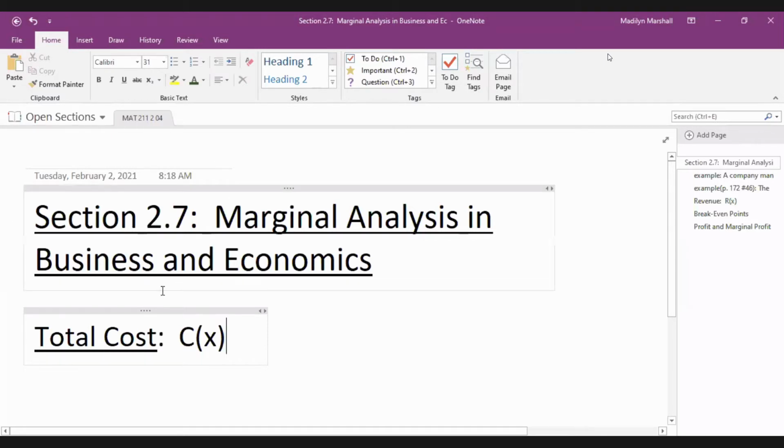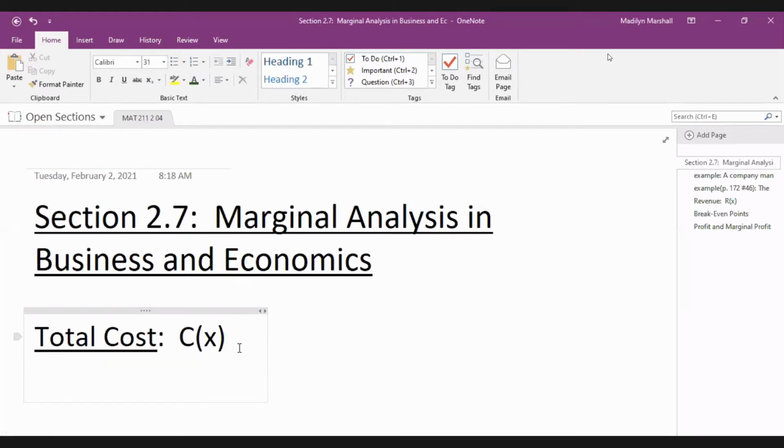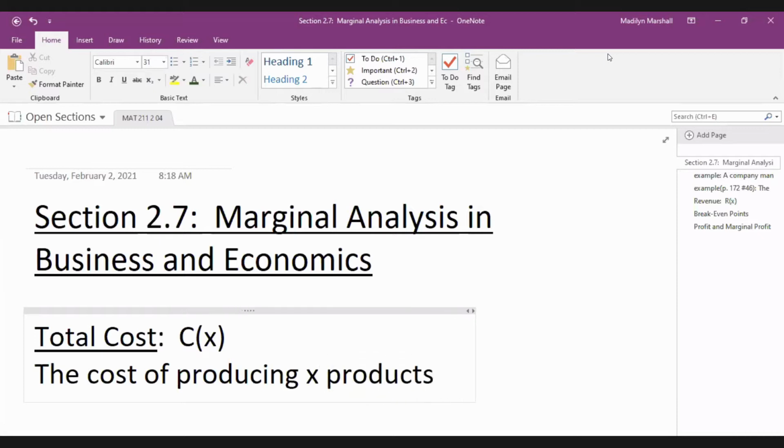So our first kind of function that we will be seeing is total cost, which is represented by C of X. And so total cost is the cost of producing X products, or X units, I should say, X units of a product.